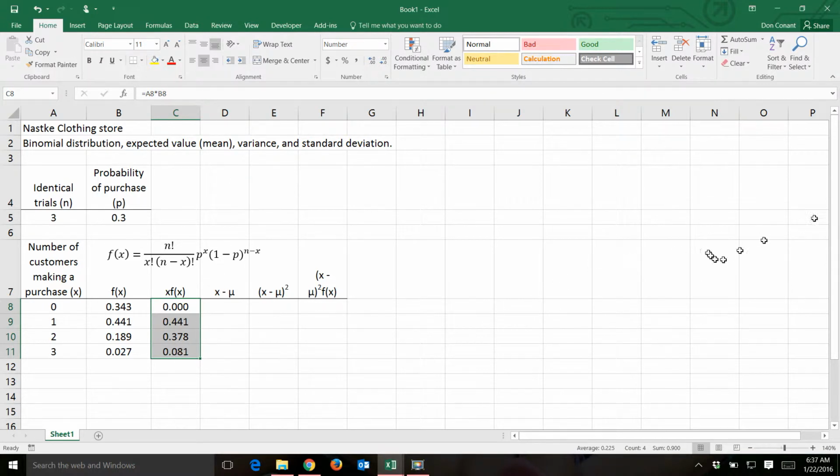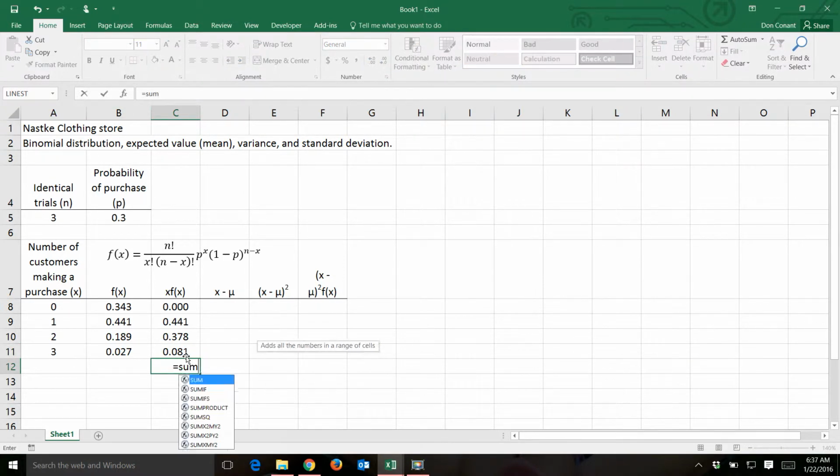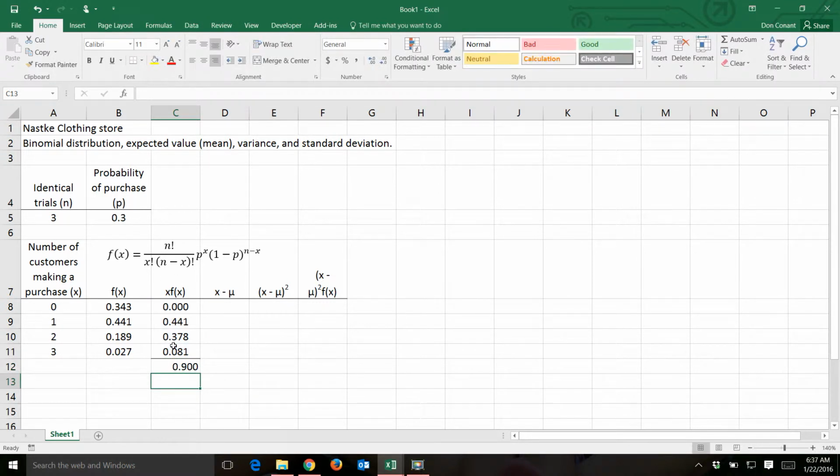And that gives us our expected value, which we'll go ahead and place here. I'll place a line, sum these up to get the expected value, equals sum. So our average outcome, or our expected outcome, is 0.9. I'll center that. Let's label that.